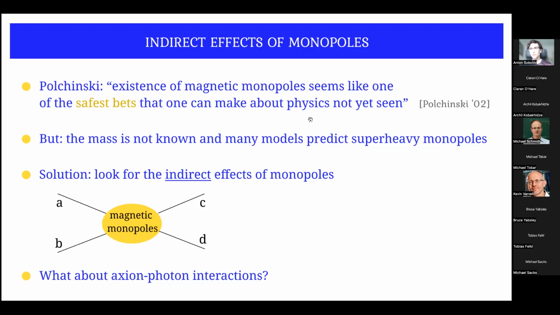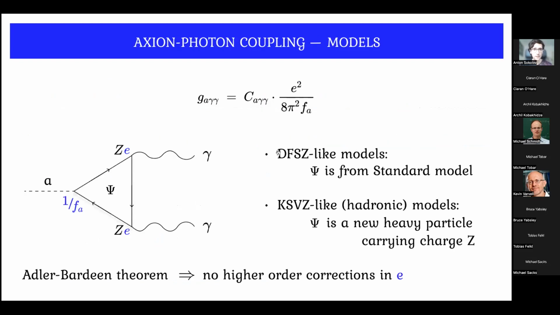But in axion physics we already have suppression by the Peccei-Quinn scale. As we will see, the magnetic monopole mass in these models will be associated to the Peccei-Quinn scale. If these are the same scale, then with axion physics we can probe magnetic monopoles. So this is the idea.